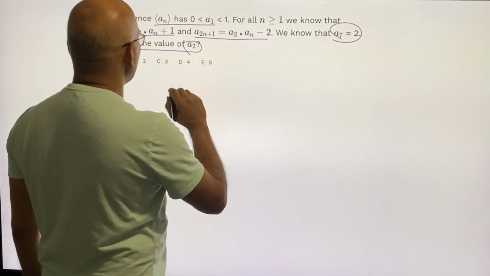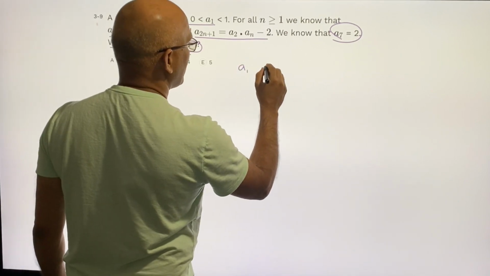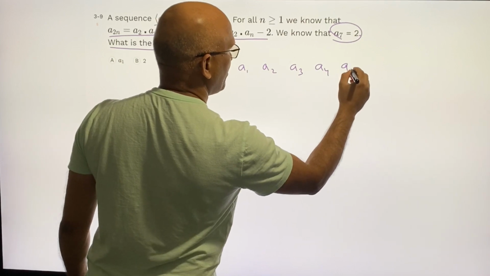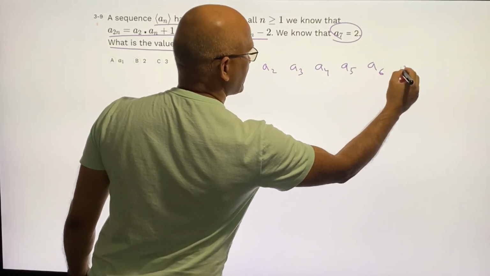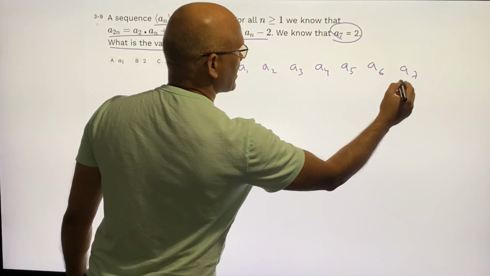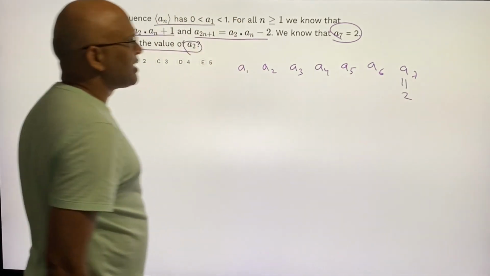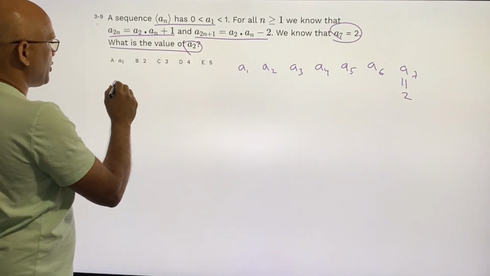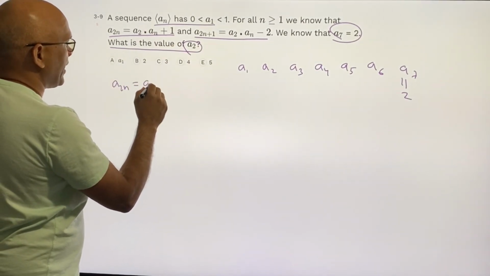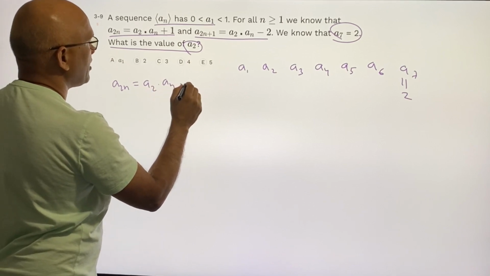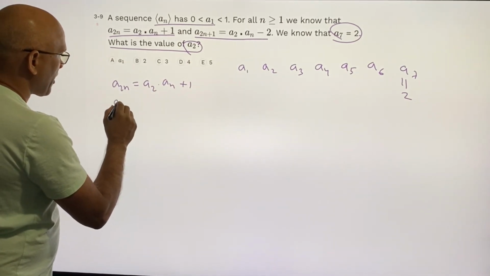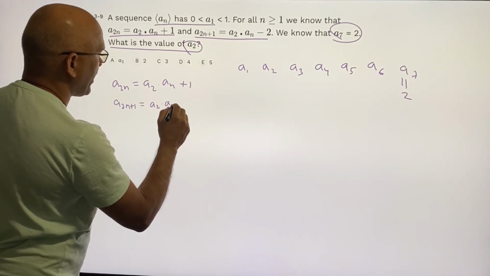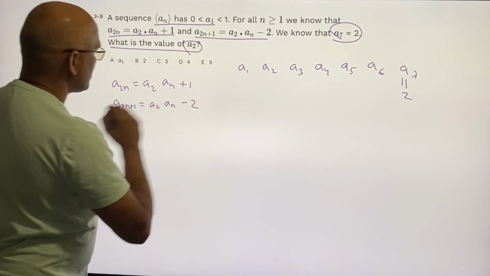So let me write down the sequence as a_1, a_2, a_3, a_4, a_5, a_6, a_7. a_7 is 2, that is given to us. Let me write down these relations. a_2n is equal to a_2 times a_n plus 1. a_(2n+1) is equal to a_2 times a_n minus 2.